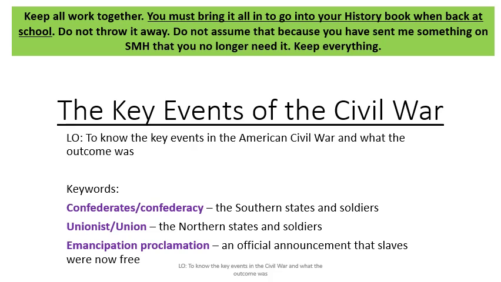So if you think about this whole unit, we've been looking at slavery, this Emancipation Proclamation, okay, was the most important thing to happen in this whole unit we've been studying, okay? It ended slavery in America. So emancipation, to emancipate someone means to free them. And a proclamation means a piece of information, a piece of text, a piece of writing. All right, so if you can get all of that down for me.